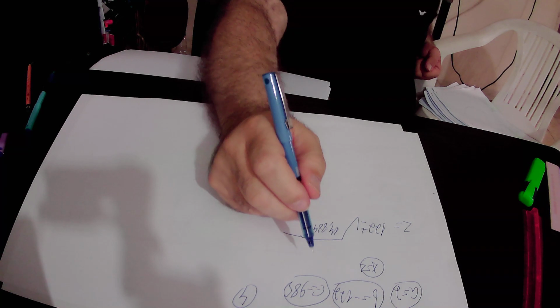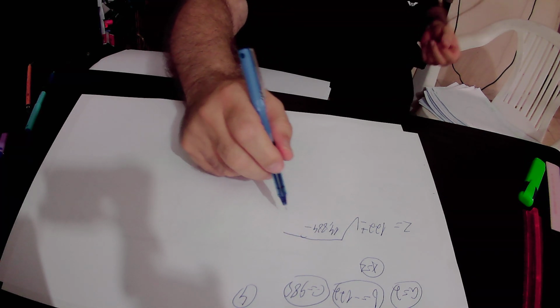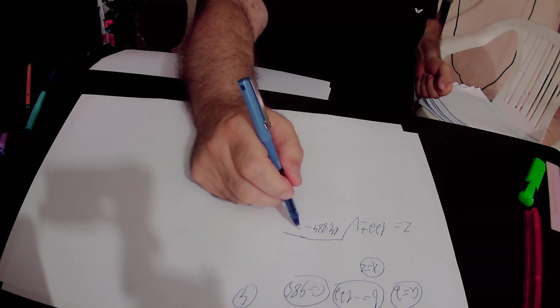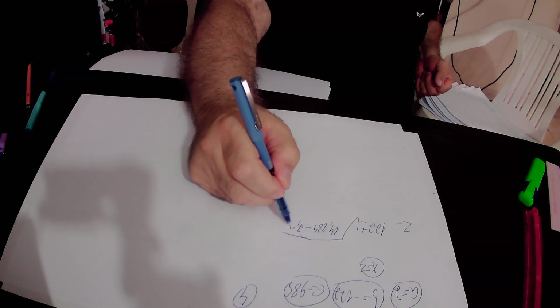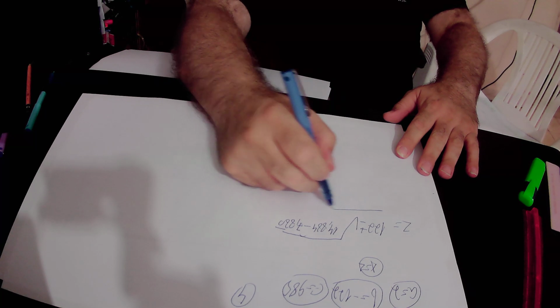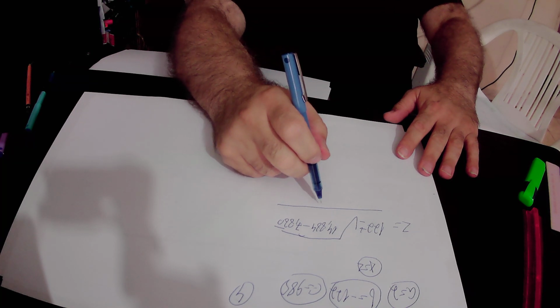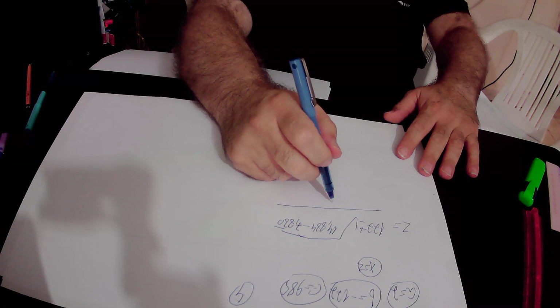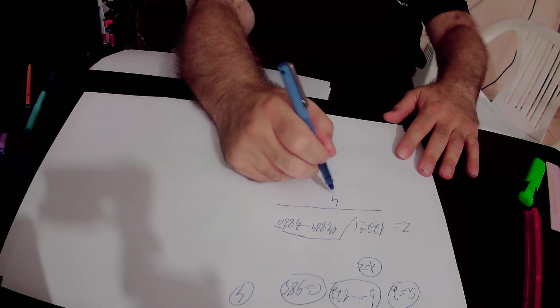Minus 8 times 985 is minus 7,880, all divided by 2a. Here a equals 2, so 2a is 2 times 2, that is 4.